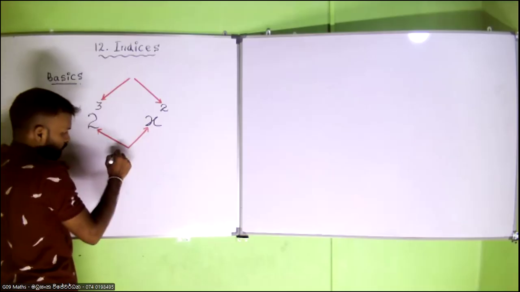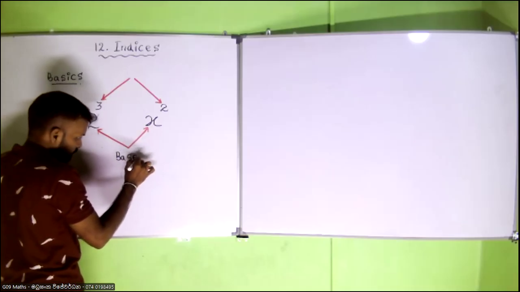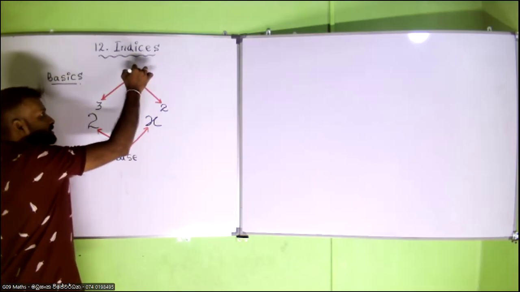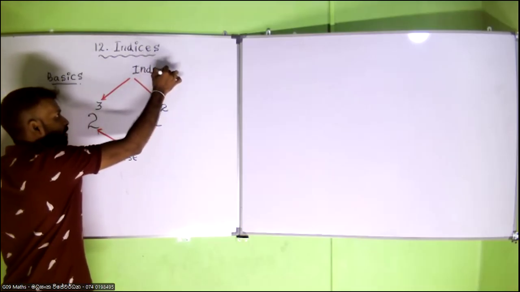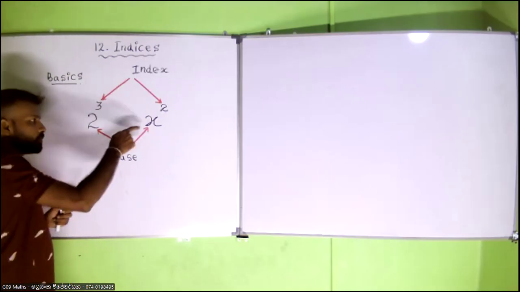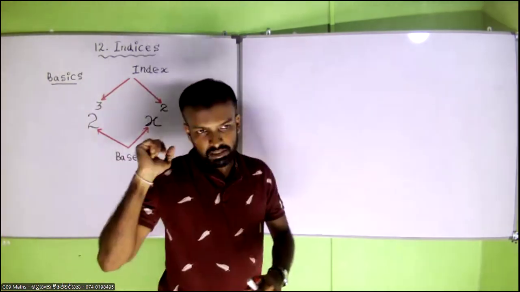These things are called base. These things are called index. Please write it. Clear?